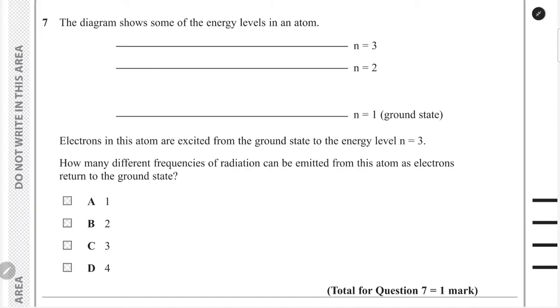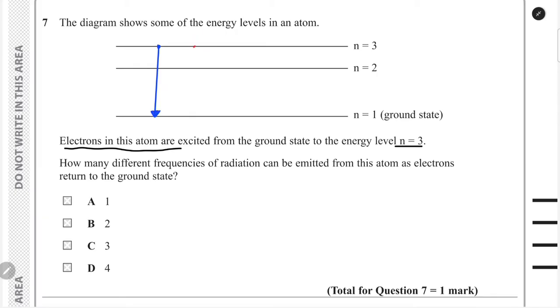Now we are given a question about spectra. We are given that electrons in this atom are excited to the energy level n equals 3. So it's excited up over here. We have to find how many different frequencies of radiation can be emitted when it's returning. When it's returning, it can go directly over here. This is one of the possibilities.